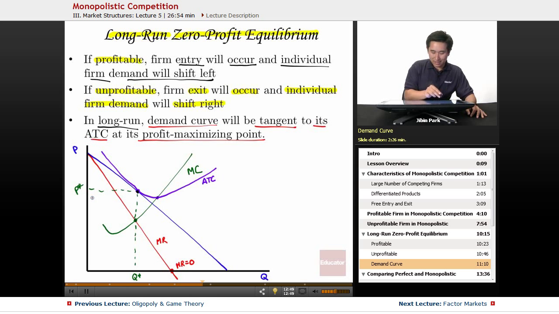Now, is this allocatively efficient? No. It's not allocatively efficient because you are producing to the left of the productive efficiency and allocative efficiency here. So if a monopolistically competitive firm wanted to be allocatively efficient, it would actually produce more. But again, people like variety, and it's not necessarily about minimizing costs.